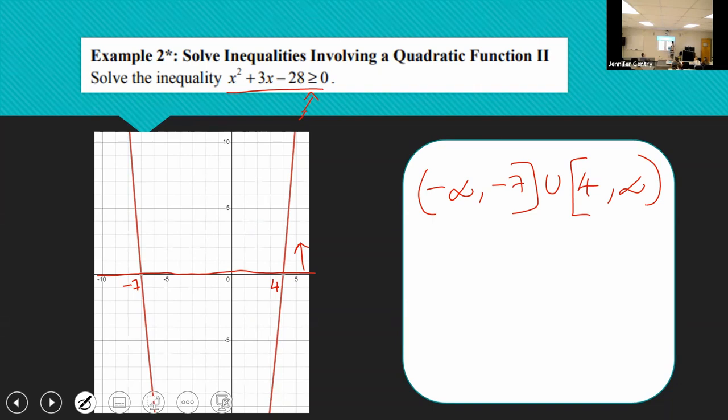In Boolean, union means everything. This and this, that is union. The intersection is the and. Intersection is going to be that. So we're using the union, right?